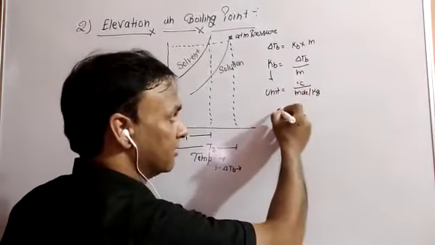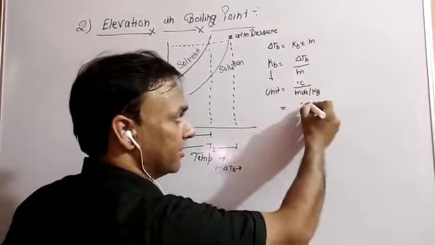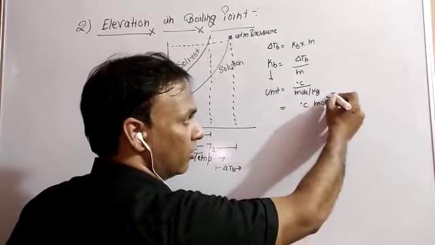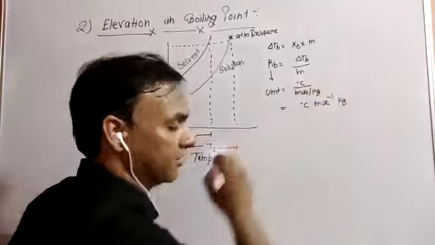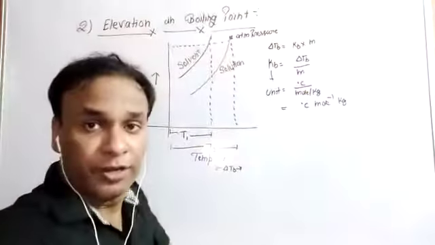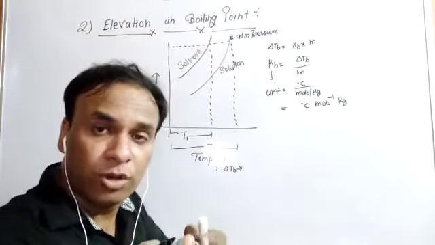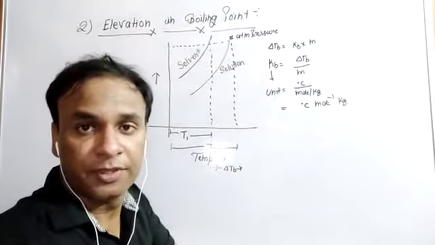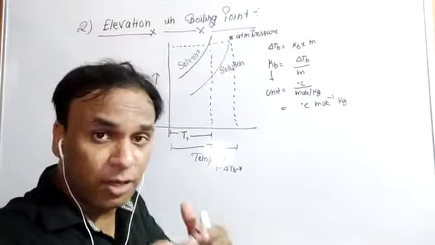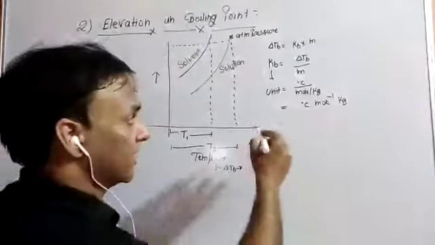Clear? That means its unit is degree Celsius mole inverse kg. Got it? Clear? Kb can be calculated by another expression as well.